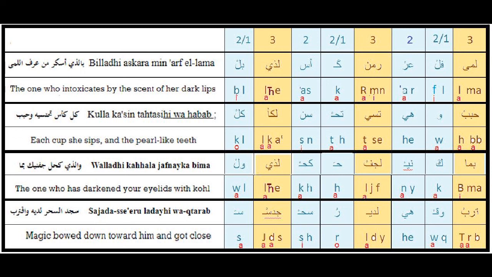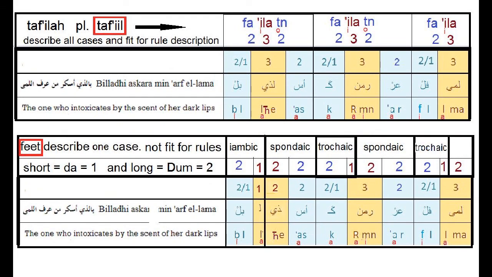Taf'ila and meter are capable of describing the sound effect of any speech. If it's poetry, then we call that rhythm. The capability of describing rhythm is one thing, and the capability to express the rules of that rhythm is something else.